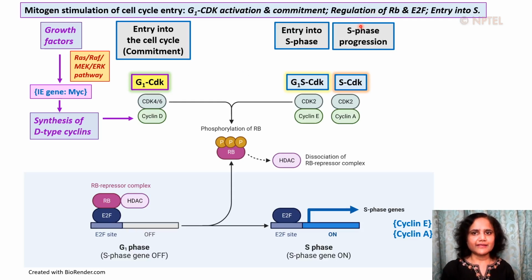Thus G1/S CDK is active and the entry into S phase can occur. Cyclin A was also transcribed and hence the S CDK is also active. So S phase can proceed further.